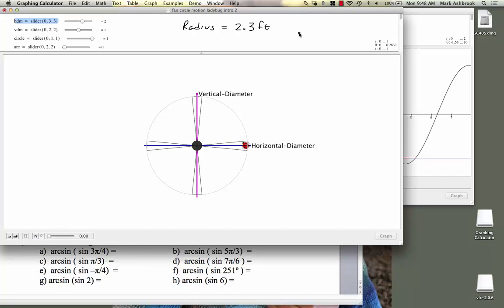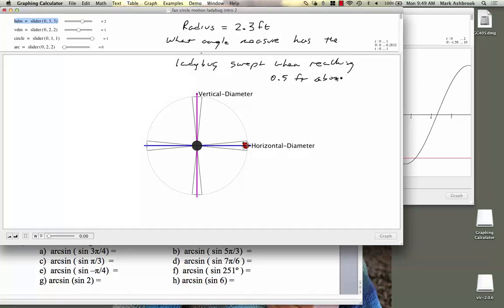We're interested in what angle measure the ladybug has swept when reaching, say, 0.5 feet above the horizontal diameter for the second time.